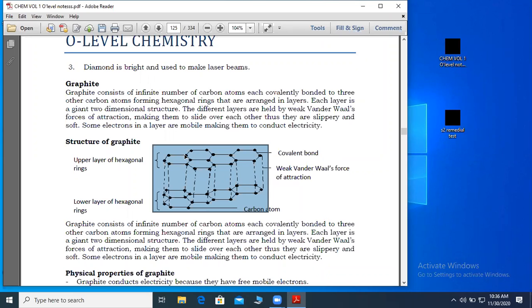And that means carbon in graphite uses only 3 electrons since it is having 3 bonds. That means 1 electron is left free and mobile, and it is that electron that will conduct electricity. Therefore, graphite conducts electricity and diamond does not.